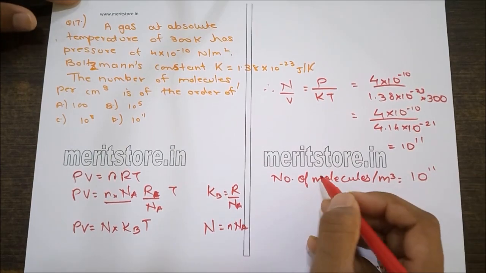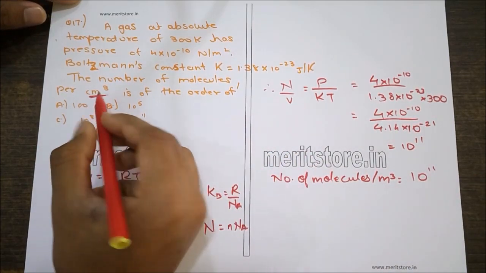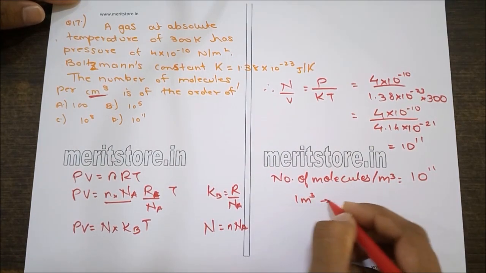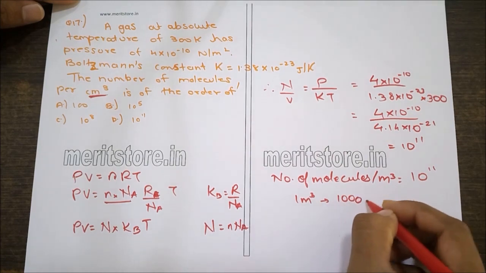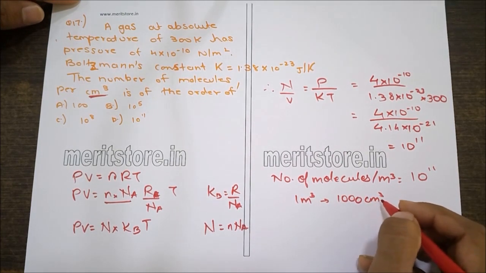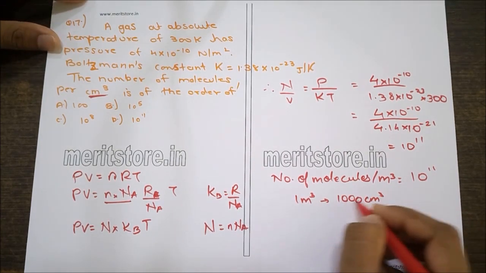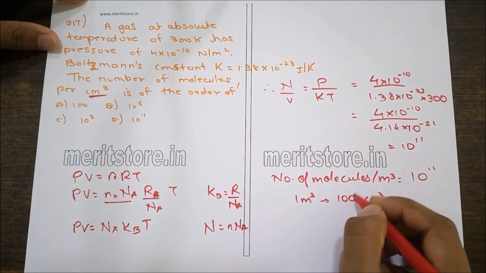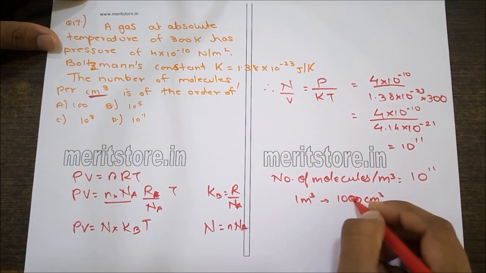But since the question asked for per centimeter cube, we convert. Pardon me, 1 meter cube is 10 raised to 6 centimeter cube.